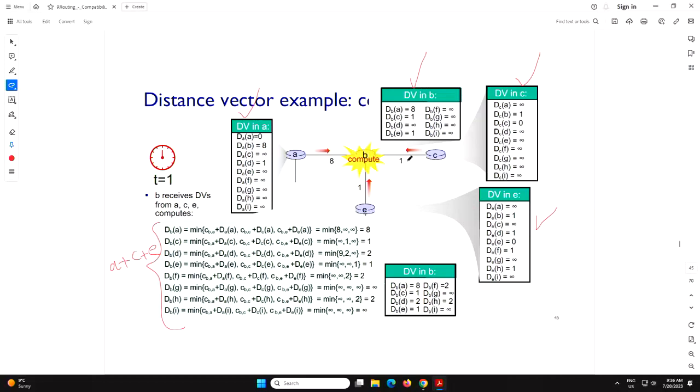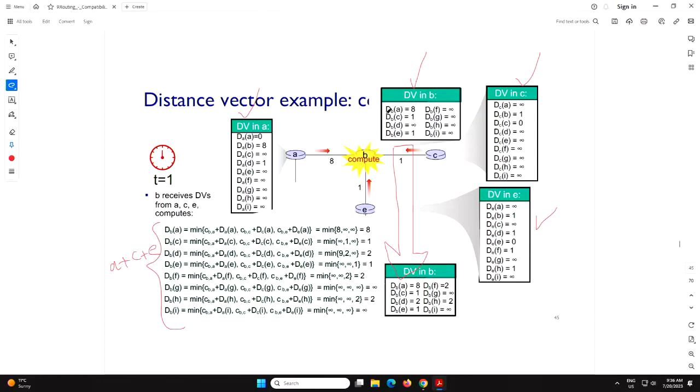And we are going to see how this will update. So this is the update of B. Okay, B has been updated, and we are going to see how it does the update. So we start with B's original.